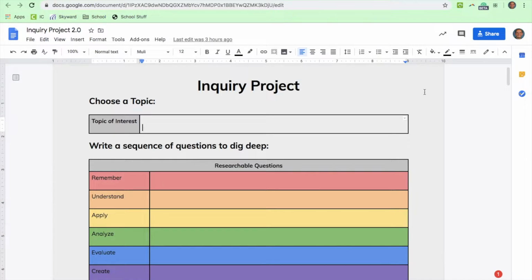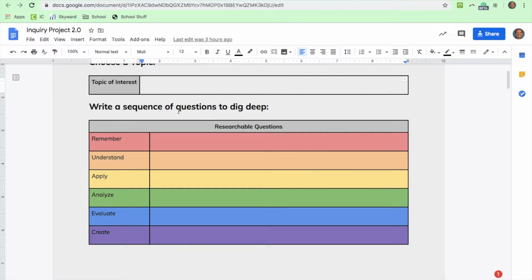The first thing you'll do is pick a topic of interest and pick something that you really care about because it'll make this project go much smoother. And then you will write a sequence of questions to dig deep. And here you have the tiers of Bloom's just in reverse order. So it starts with remember, understand, apply, analyze, evaluate, and create.